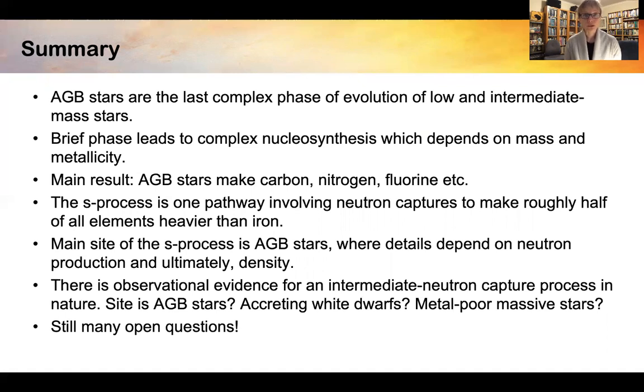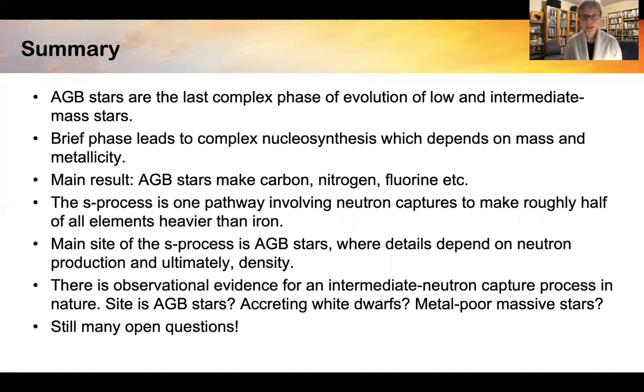The main result: AGB stars make carbon, nitrogen, fluorine, and they are a main source of heavy elements in the galaxy. The S process is one pathway involving neutron captures to make roughly half of all elements heavier than iron. The main site of the S process is AGB stars. However, the details depend on neutron production, and ultimately, therefore, neutron density.